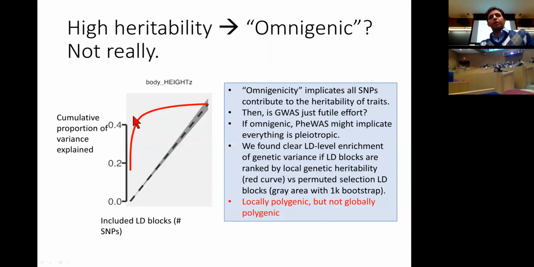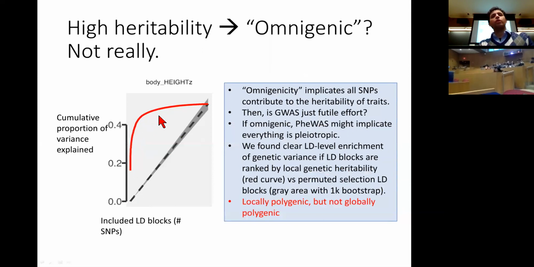But there's another way to look at that, which is, yes, certainly, as I keep going down the list of loci, I can explain more and more heritability. But then the fraction of the heritability that remains to be explained is actually fairly small. And if I start including more and more of these LD blocks, I capture most of the heritability with relatively few blocks.